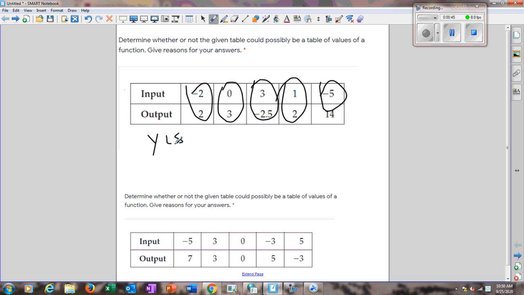So your answer would just be yes, no, x values repeat. That's pretty terrible writing, but you'll have to deal with it.